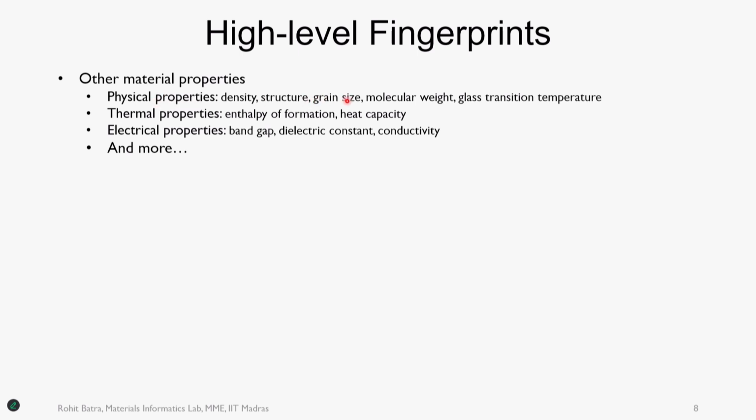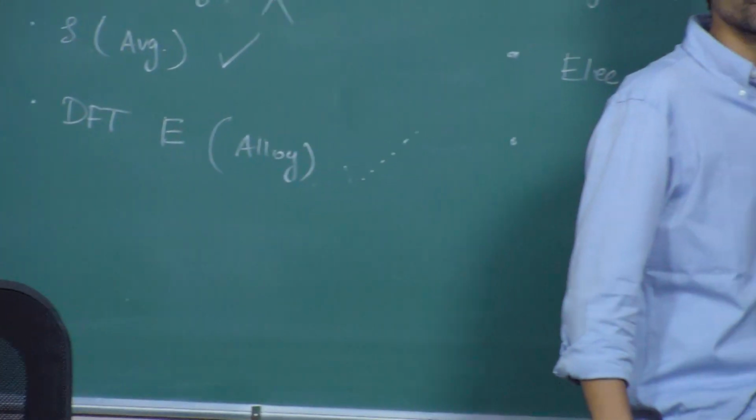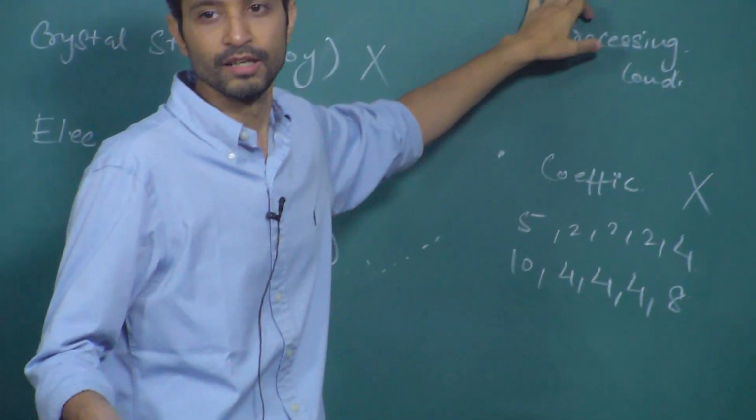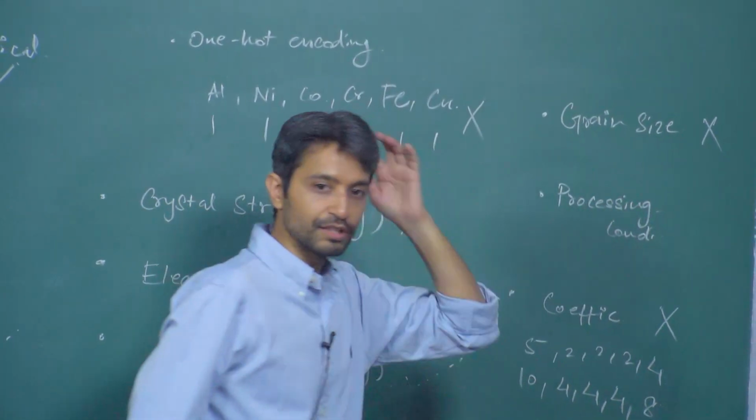Actually, we missed these two. Okay, let's cover this also. So grain size, although it is very important, will I have access to grain size for a new alloy? We don't have control over it, right? Processing conditions.